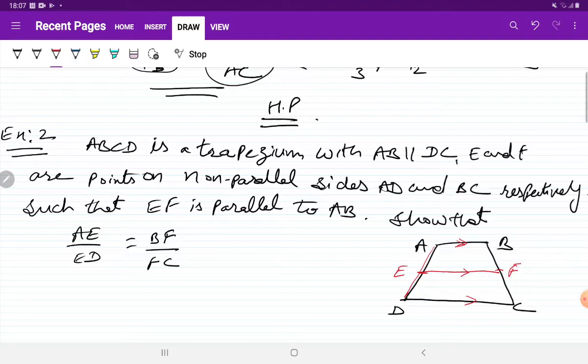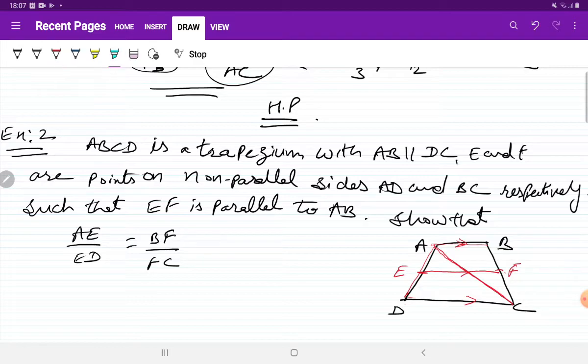Okay, so what is given? Given is AB is parallel to CD, right? And EF is parallel to AB. So you have to prove AE upon ED equals BF upon FC. When any trapezium is given, first of all divide it into triangles. इसको triangle में divide कर लेंगे. दो triangles में हमने divide किया इसको.